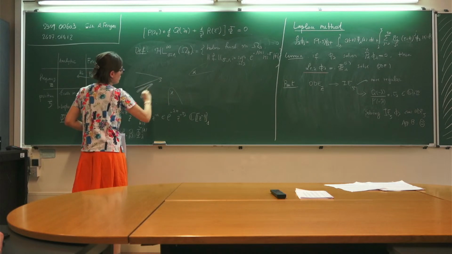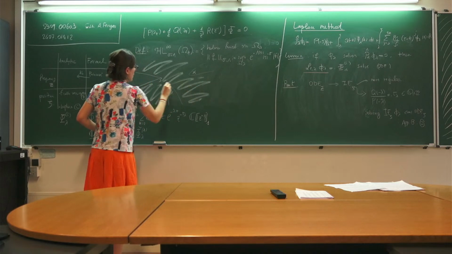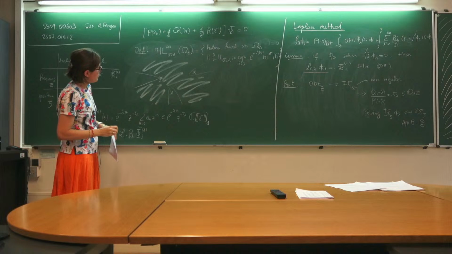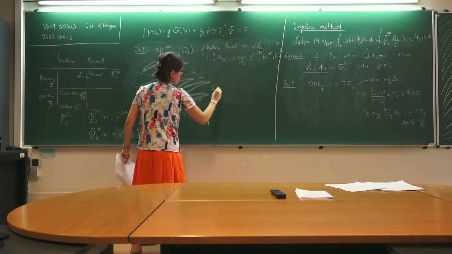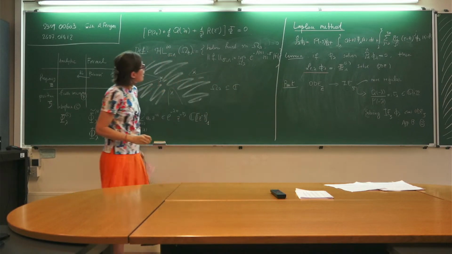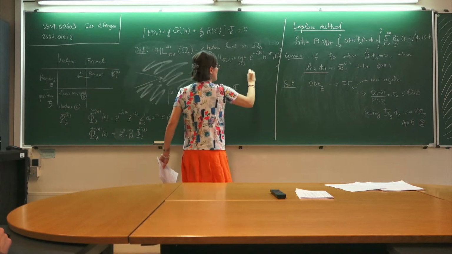So the domain will be a star-shaped domain where this point is missing as well. Maybe put a cross. So this is omega lambda in the complex plane. And here sigma and lambda are real.